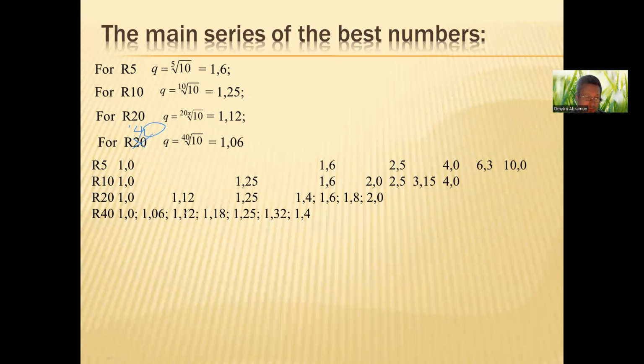Next item, 1.12 multiplied by 1.06, and we have 1.18. And the other items of this row we can calculate.